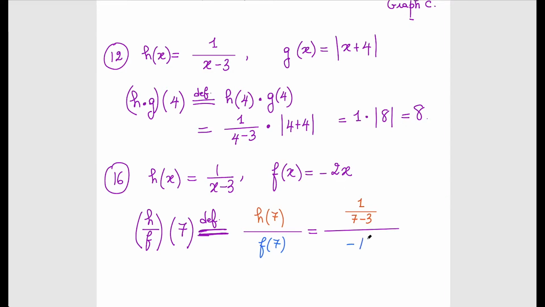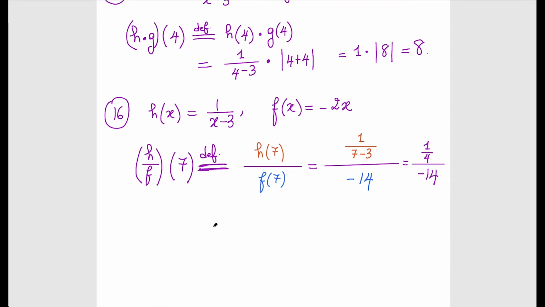So negative 14. Let's now go back to purple. 1 divided by 7 minus 3 is 4, so 1 divided by 4, and the whole thing is divided by negative 14. If you see the answer immediately, great. If not, let's keep going.